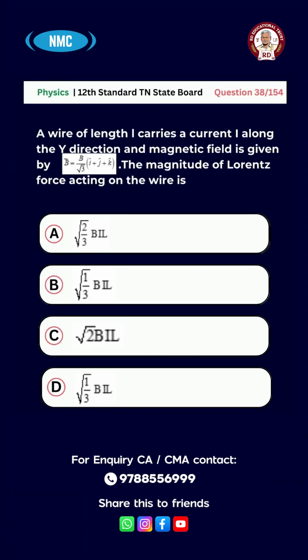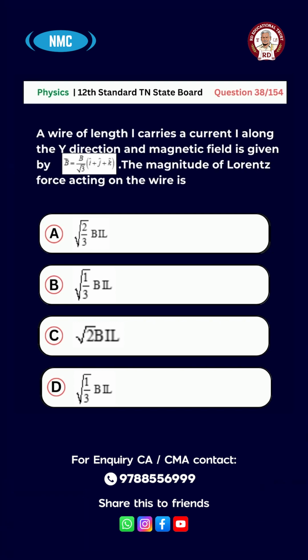Question number 38. A wire of length L carries a current I along the y direction and the magnetic field is given by B vector equal to B by root 3 into i cap plus j cap plus k cap.